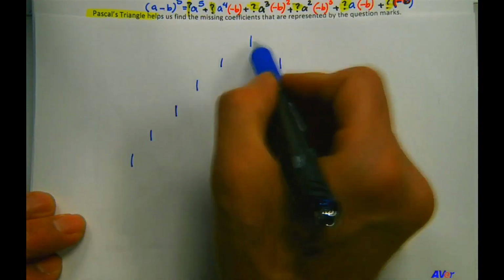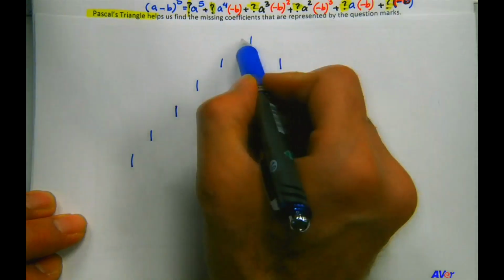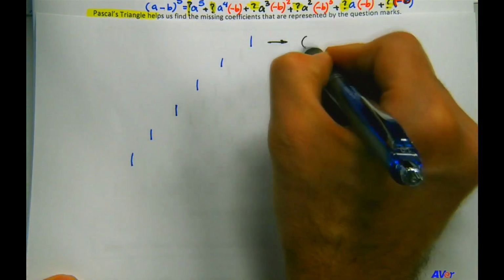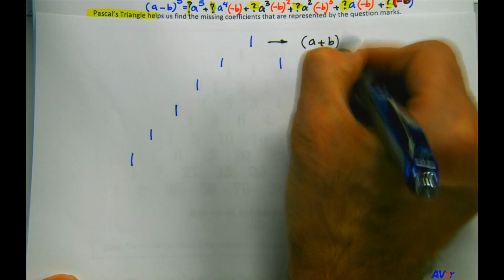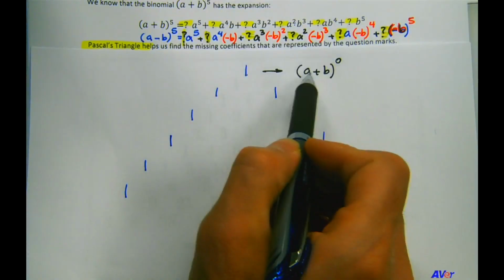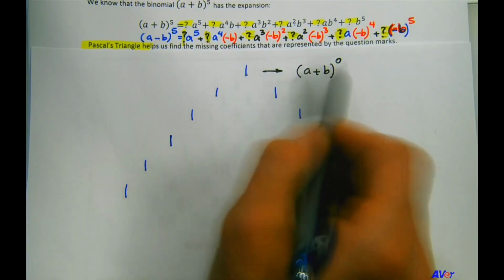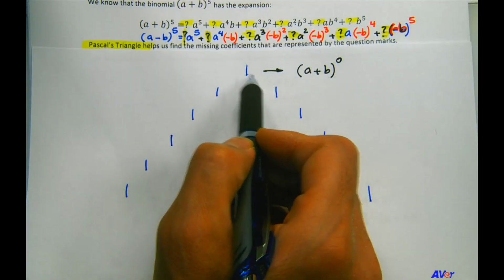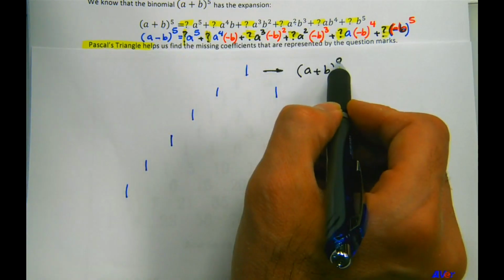Then, the top of this triangle or pyramid is associated with a binomial of this type, a plus b to the 0 power. Okay? This row is going to determine the coefficient of any binomial to the 0 power.